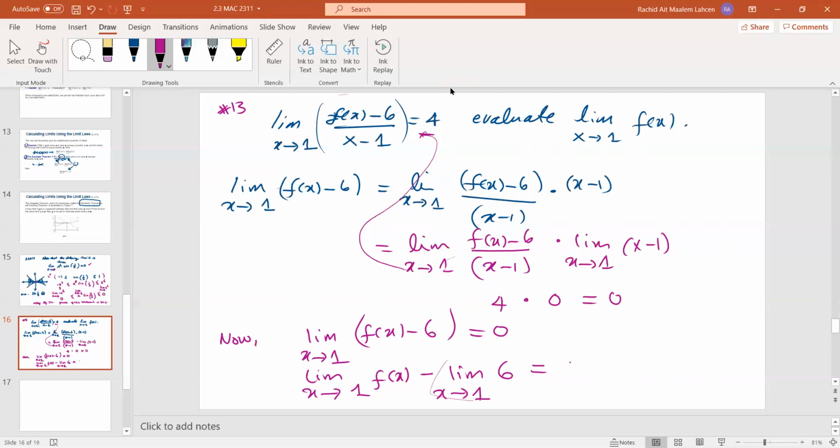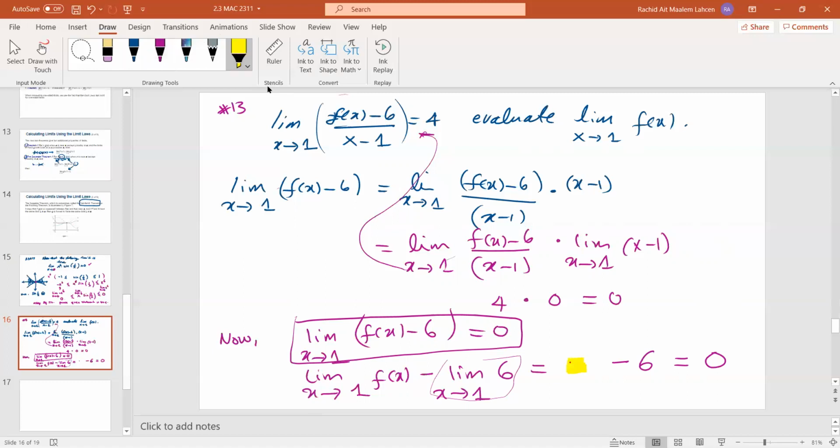So what is the limit of 6 as x approaches 1? It's just going to be 6, right? So what is the limit? Keep in mind, the limit of this equals 0, right? So now this is this part here. So for this to be 0, the limit of f of x must be 6, right?